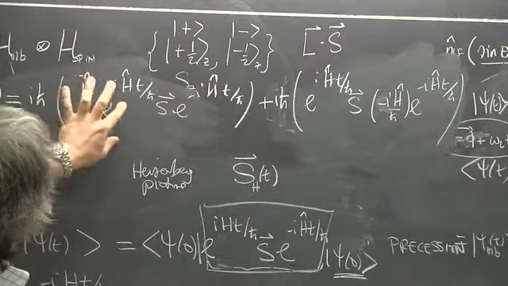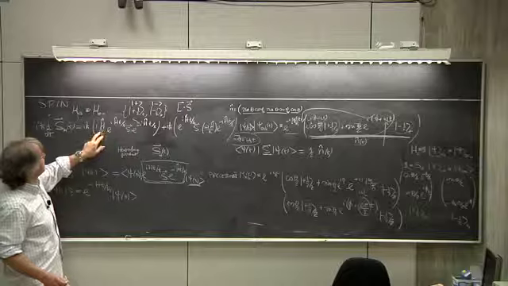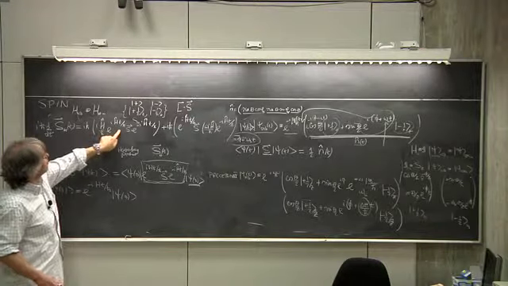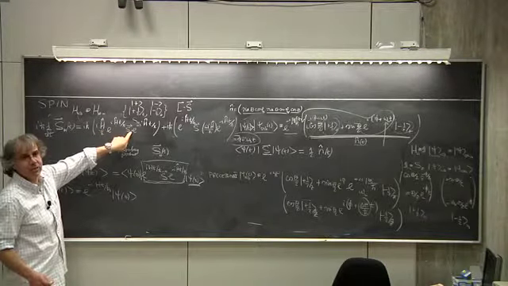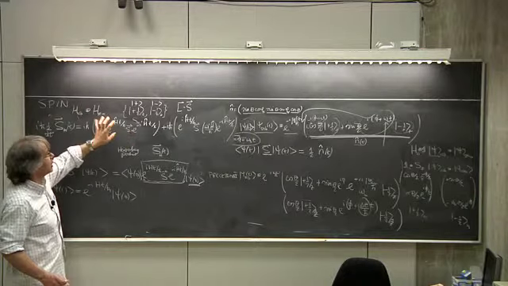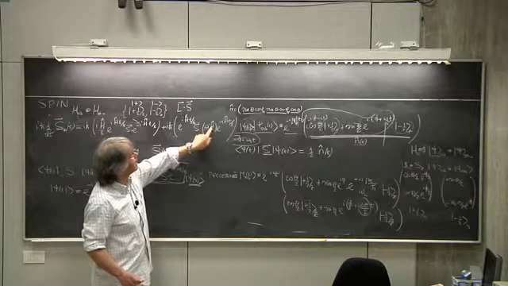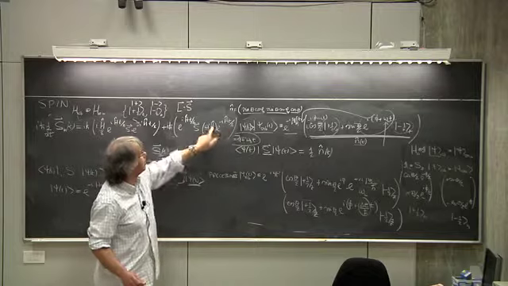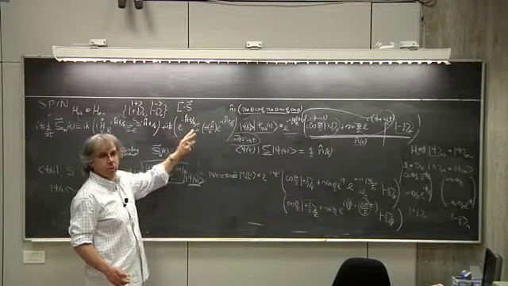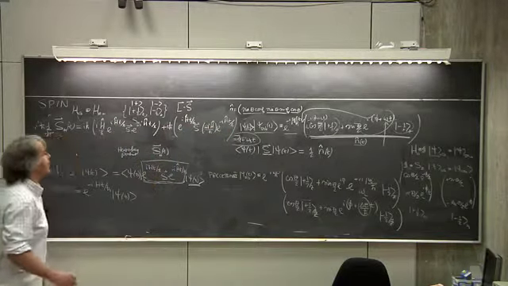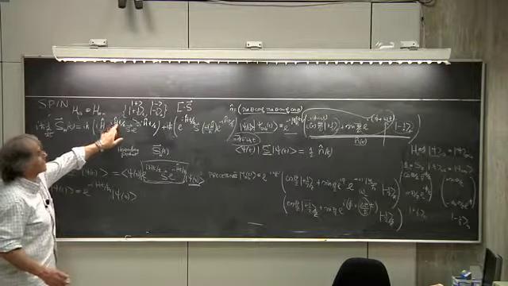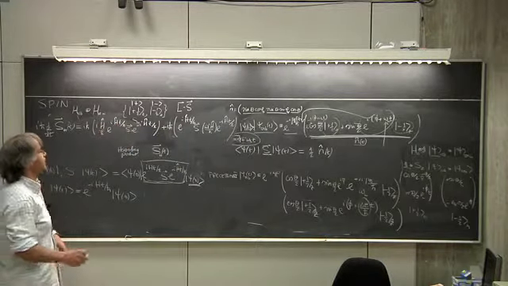When I take the derivative of the first piece, I can put the H there or there, but not past the S. This is always before the S. And similarly here, I can take the H here or there, but not before the S, because the order is important. So H commutes with this exponential, but not with S.